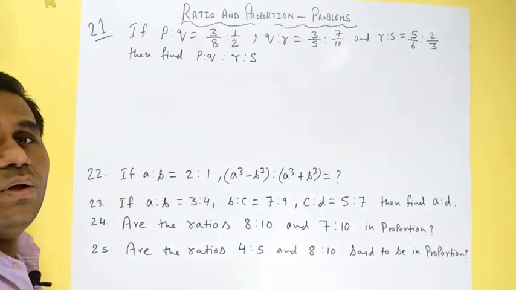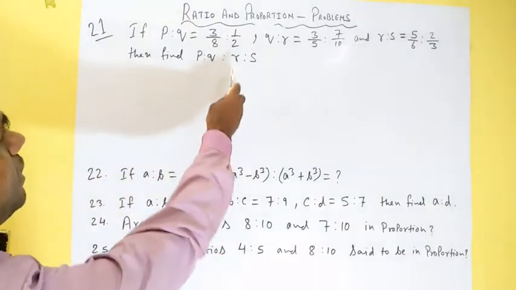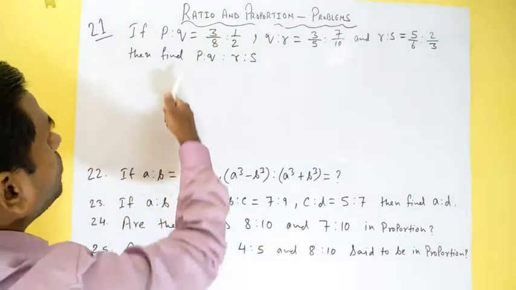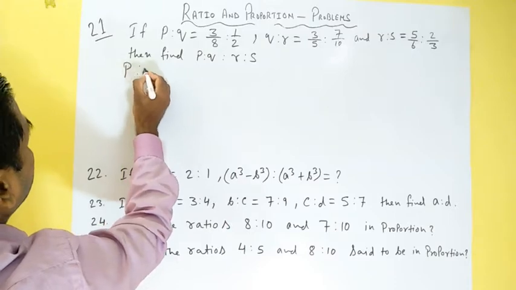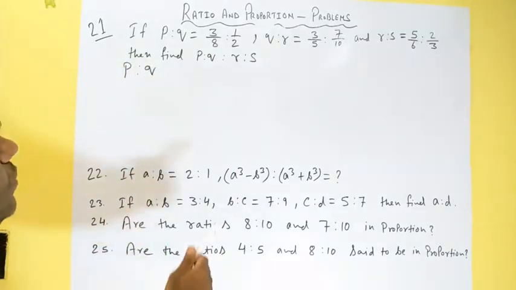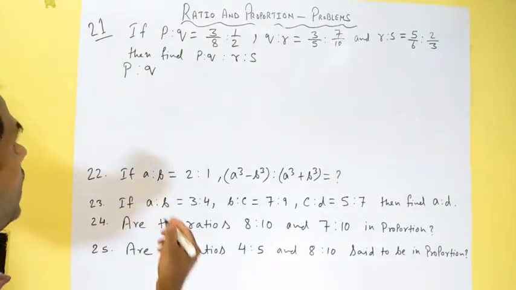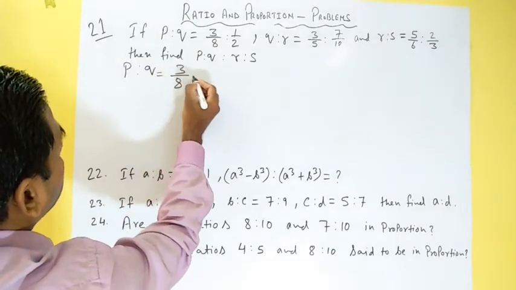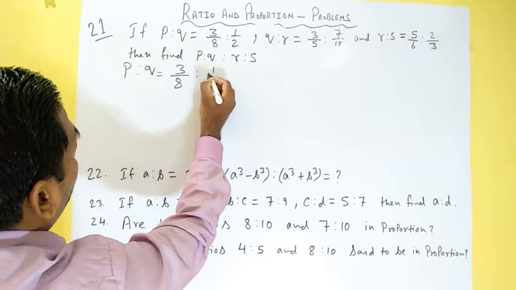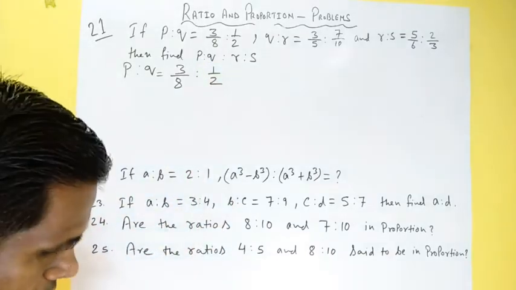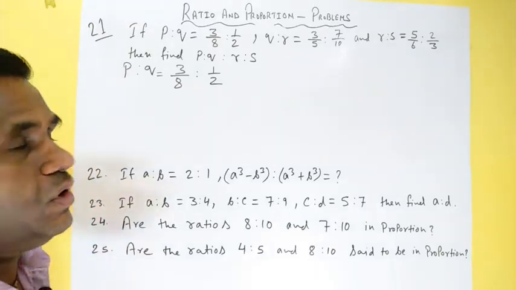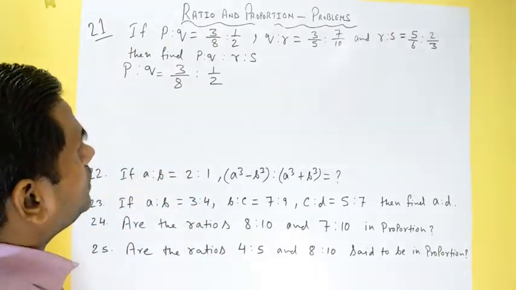In the previous problem also we have seen this, wherein only one was fractional, but here if you see, both are in fraction. So one by one, suppose first is P is to Q. For P is to Q, we will remove the fraction. And how to remove the fraction? You can see we can write it as 3 by 8 is to 1 by 2. Okay, so now we will try to make the denominator same. Okay, so how to make the denominator same?